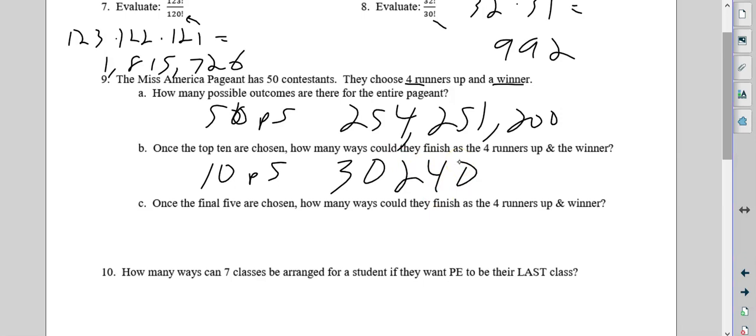Once the final 5 are chosen, how many ways could they finish as 4 runners-up and a winner? So that's going to be ranking again. There's 5 possible spots. So that ends up being 120 different ways.